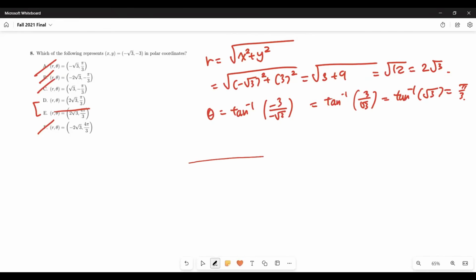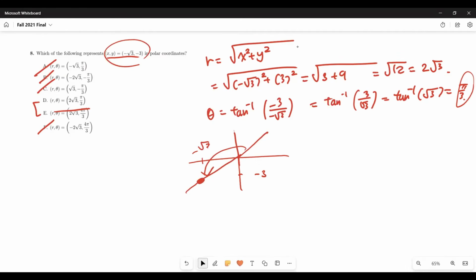But recall that our point is at negative square root of 3 and negative 3, so this point is actually in the third quadrant. So even though we found the value at pi over 3, you have to add pi to find the value because the point is not in the first quadrant. So add pi over 3 plus pi, so this becomes 4 pi over 3, which is why the answer for this question is E. There we go.